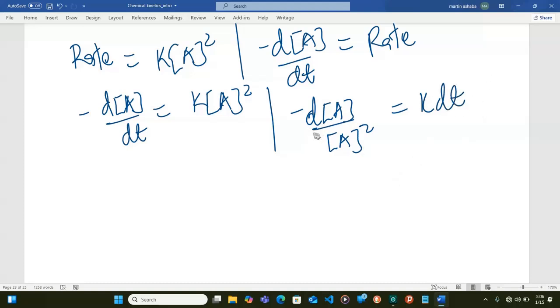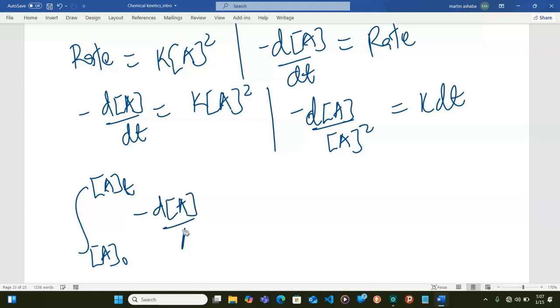Now I'm going to introduce integrals, and I'm going to integrate from the concentration initially at t equal to 0 to the concentration at any time t. So I'm integrating from [A] at t equal to 0 to [A] at any time t, and this is going to be negative d[A] divided by [A]^2, and that is equal to k dt.